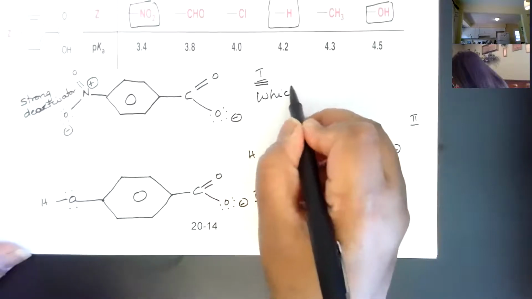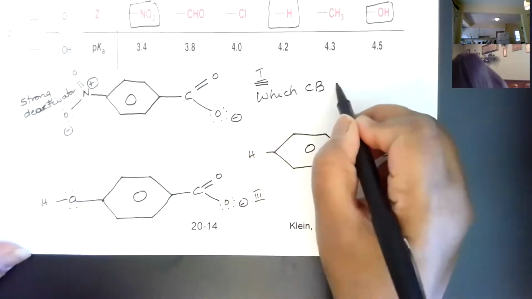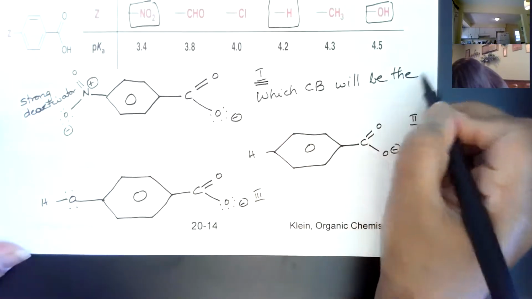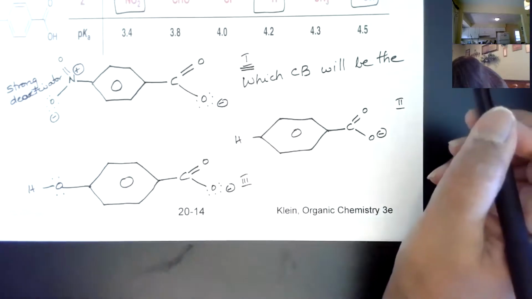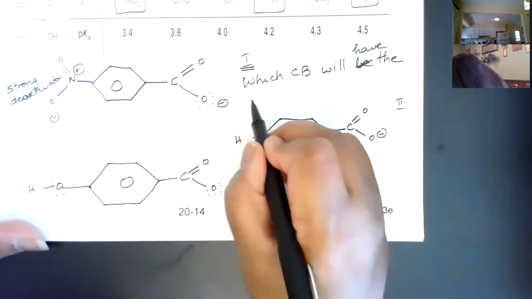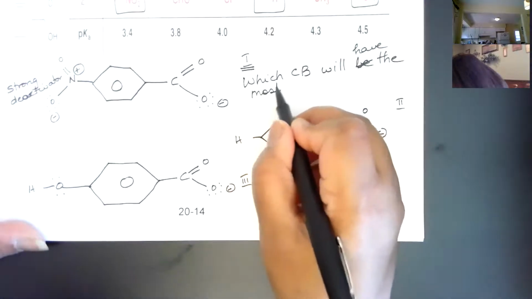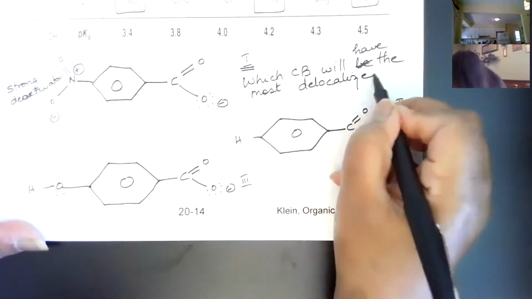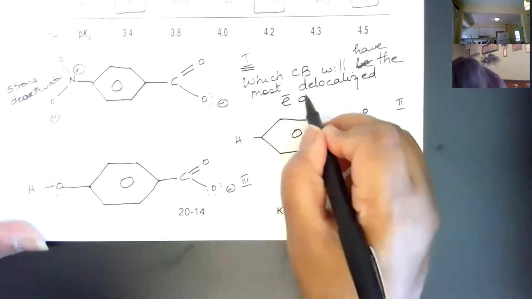Which conjugate base will have the most delocalized electron density?